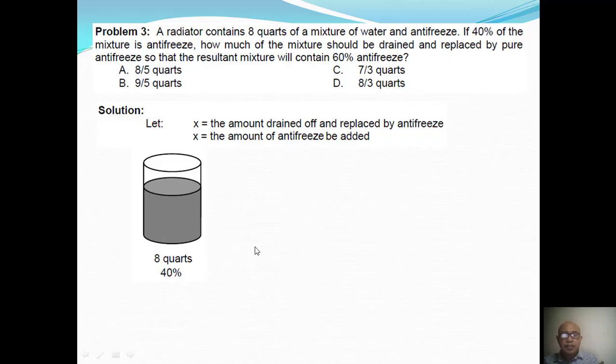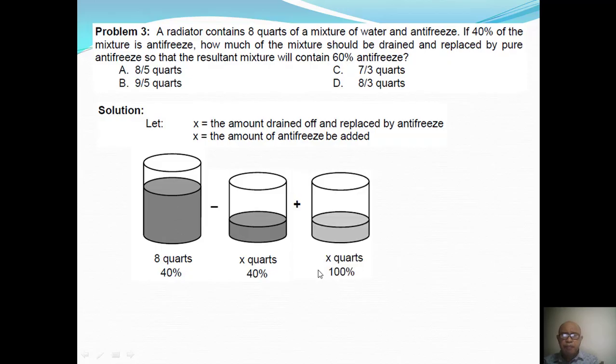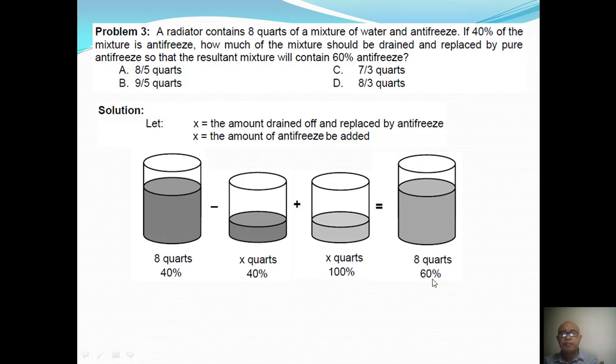Okay, so we subtract because we drain off this amount. This also contains 40% because it comes from the original solution. Then we add the same amount, 100% pure antifreeze, and the result is still 8 quarts, but the concentration of antifreeze will increase to 60%.